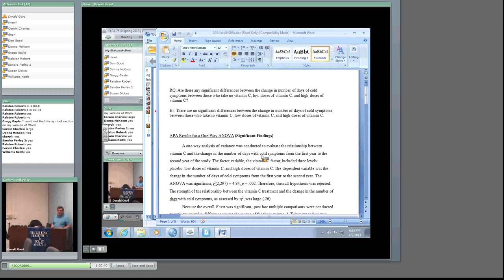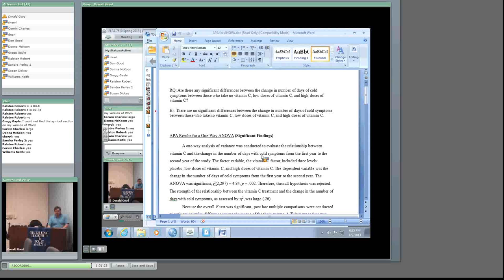The research question is, are there significant differences between the change in number of days of cold symptoms between those who take no vitamin C, low doses of vitamin C, and high doses of vitamin C? The null hypothesis would be worded like, there are no significant differences between change in number of days of cold symptoms between those who take no vitamin C, low vitamin C, and high vitamin C. Again, the null is typically worded like the research question, except it's a negative statement.